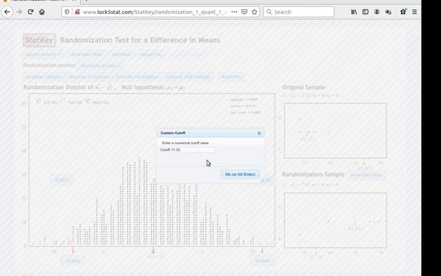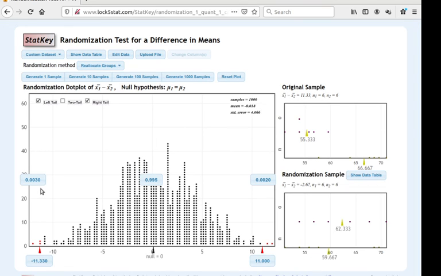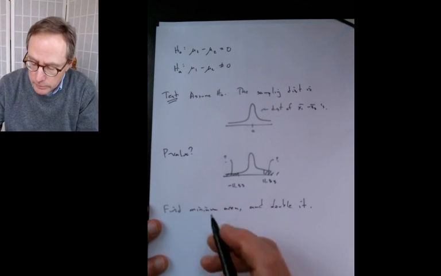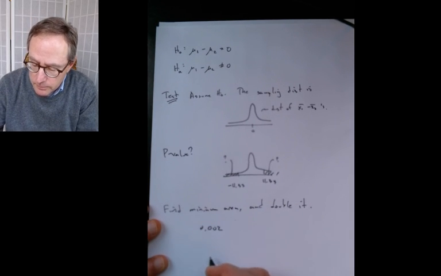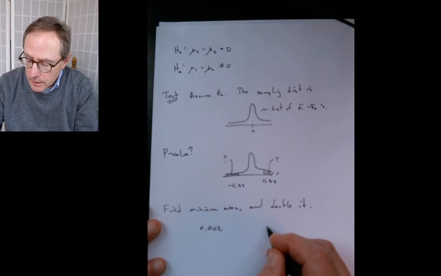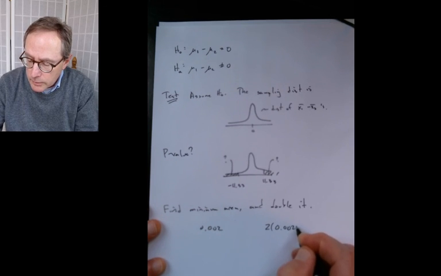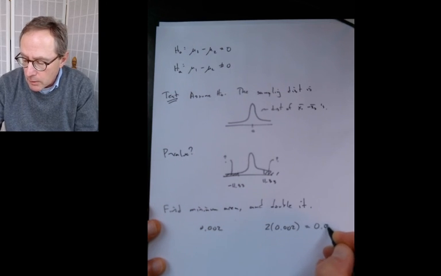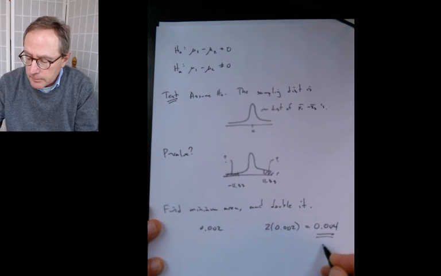I want to find the area, and it comes out to 0.003. Again, pretty small, a little bigger, but still pretty small. I take the minimum of those two, that's 0.002, and double it to get 2 times 0.002, which is obviously 0.004, and that's the p-value.